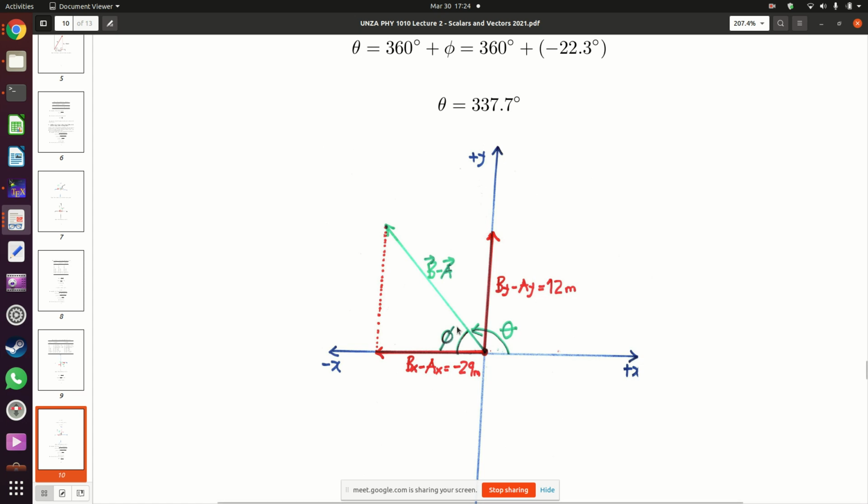Any angle measured in a clockwise direction is taken to be negative. Is that clear? Alright, sir, now clear.